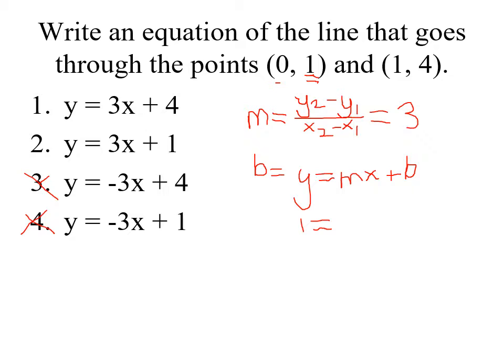So I'm going to use 1 is equal to 3 times 0 plus b. 3 times 0 is 0, so we get b is equal to 1. And now we know our correct answer.